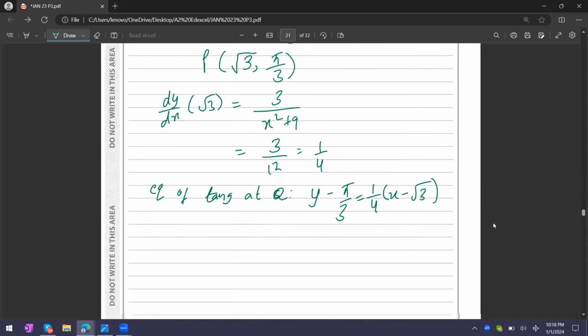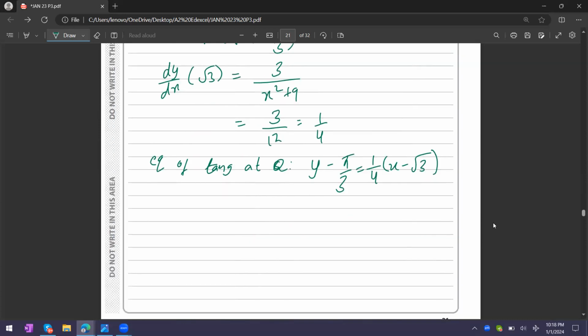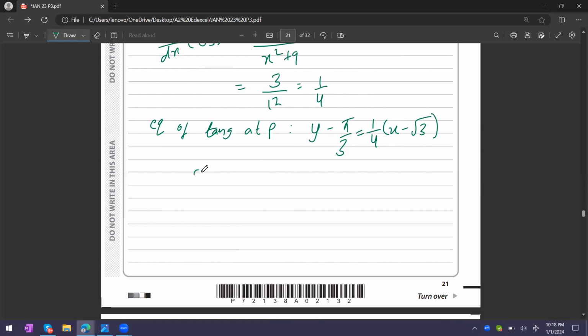Alright, so this is the equation of the tangent at P, and Q is the point where this tangent meets the x-axis. So at the x-axis, y is equal to 0.